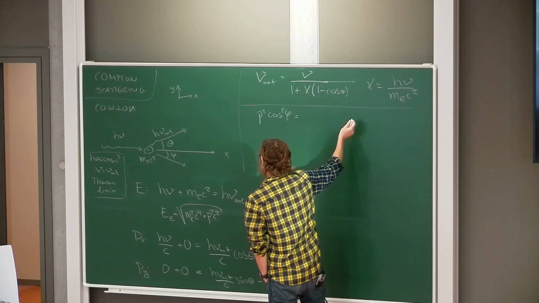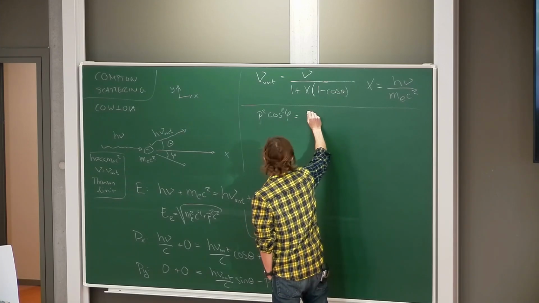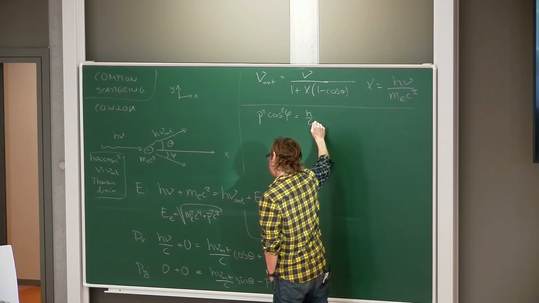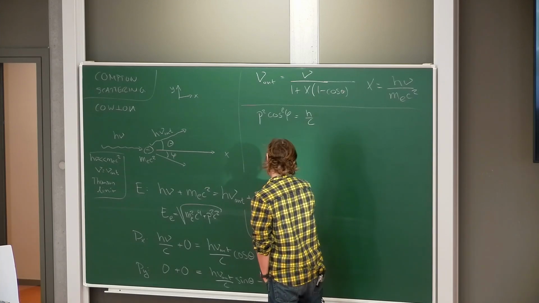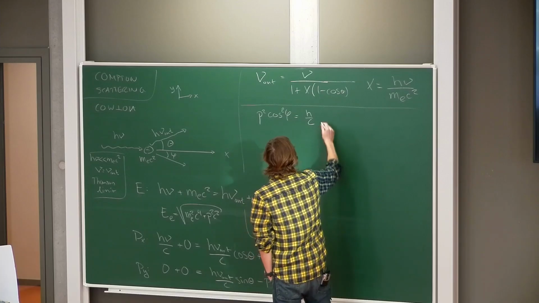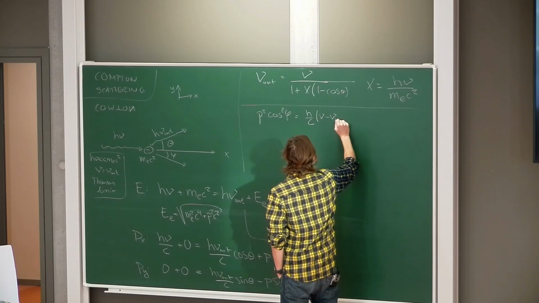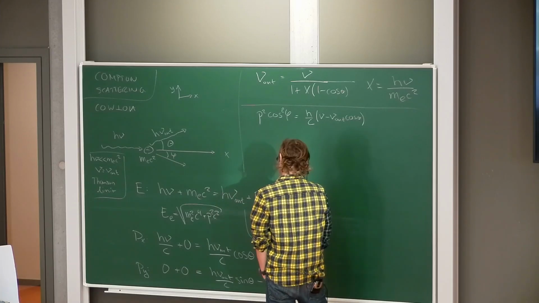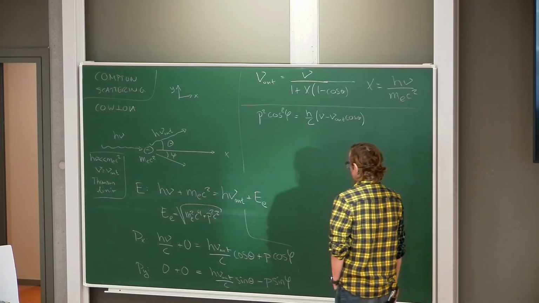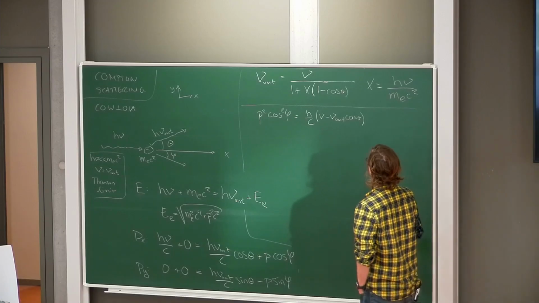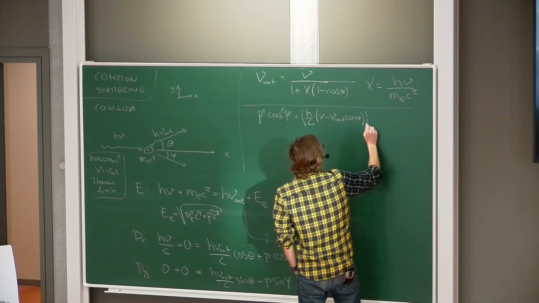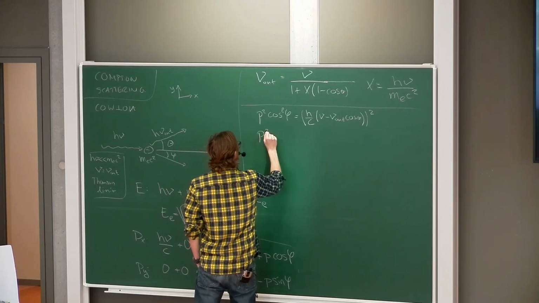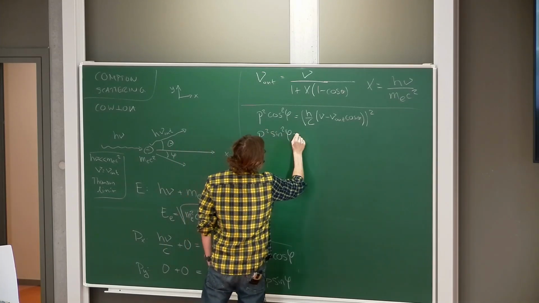So that's going to be h divided by c times (nu minus nu out cosine of theta), right? That's just me putting them on the other side there. And we're going to square it. Then we're going to do the same thing with the y equation. So that's just p squared sine squared phi. Nice, right?